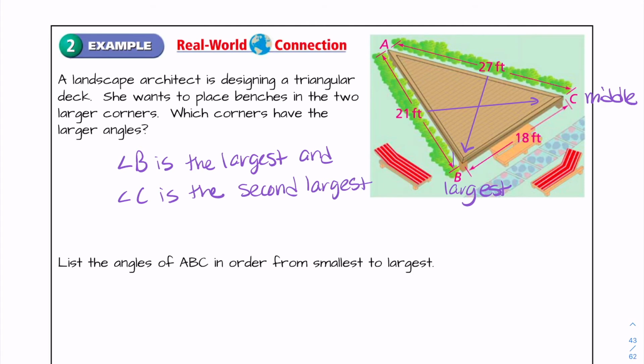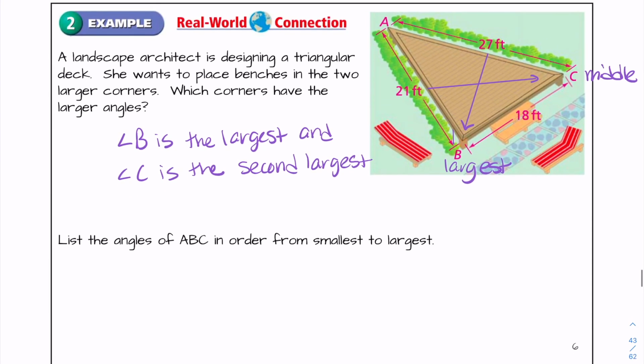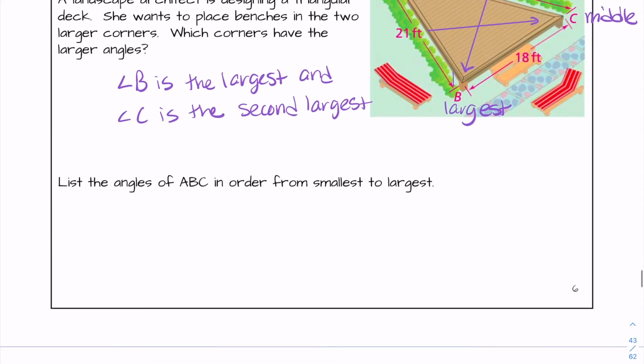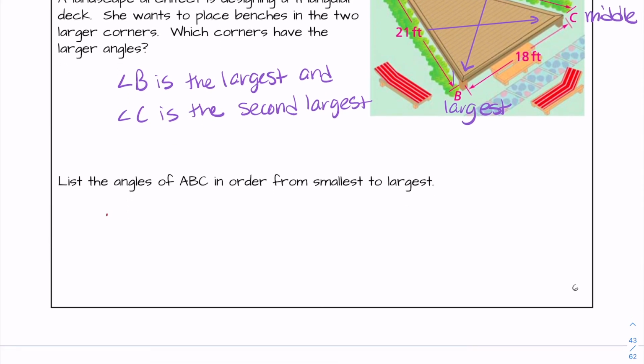Okay, list the angles A, B, and C in order from smallest to largest. So I'm going to say the measure of angle A is lesser than the measure of angle B, oh, I'm sorry.